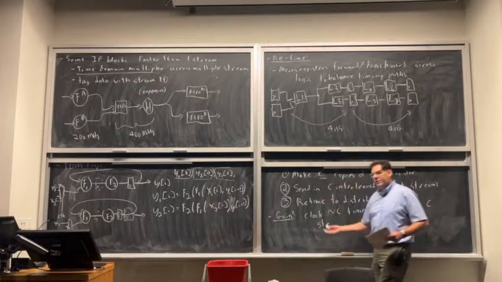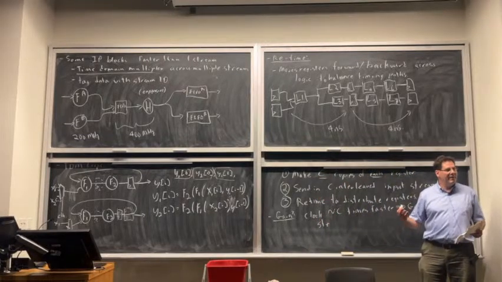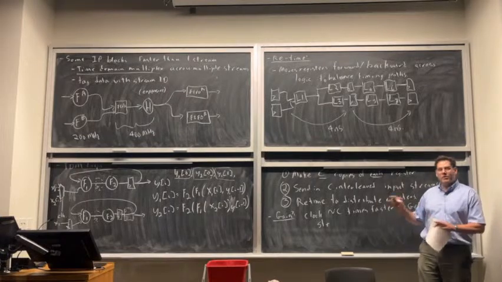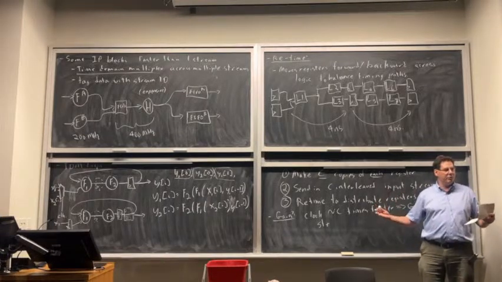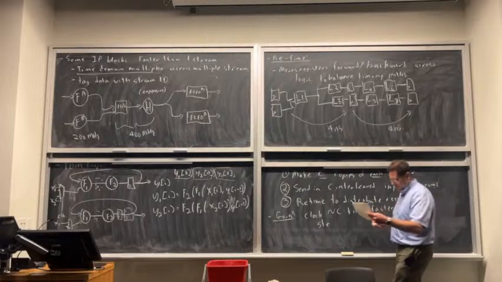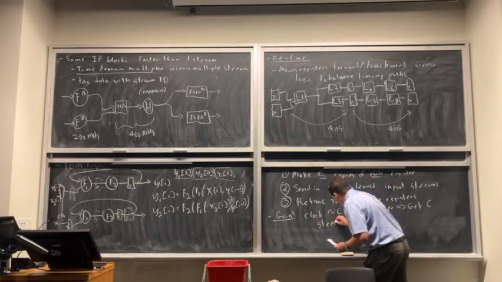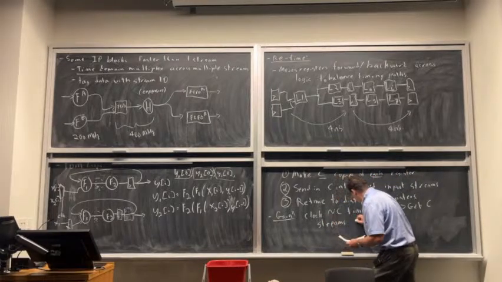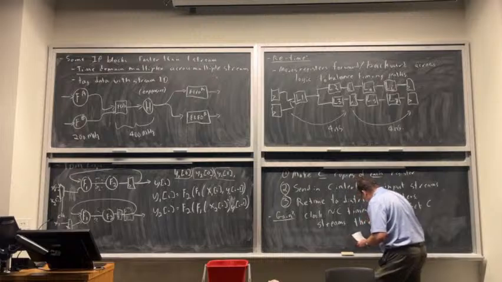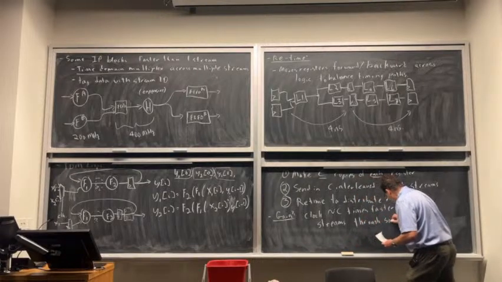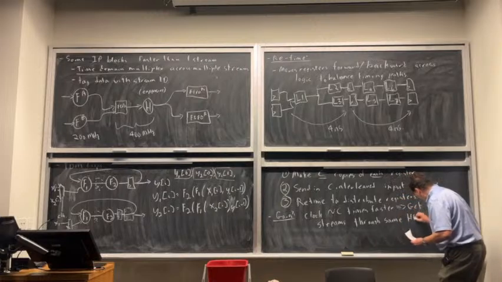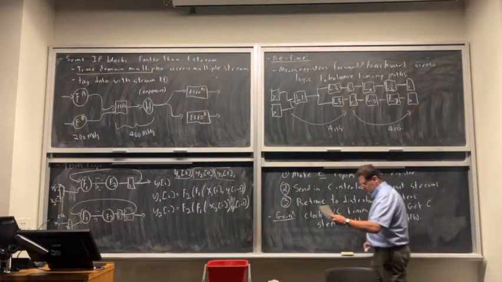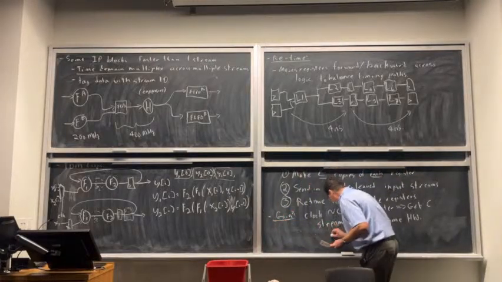So it doesn't increase the throughput of any one stream, but under ideal circumstances, you get C times the total throughput. So if you had a whole bunch of streams to send in, this is good. So you get C streams through the same hardware at the same rate.